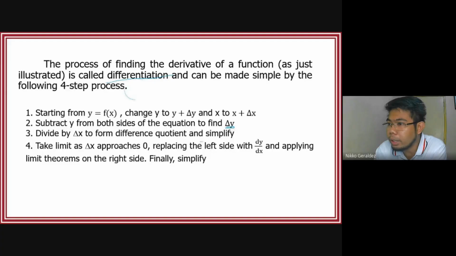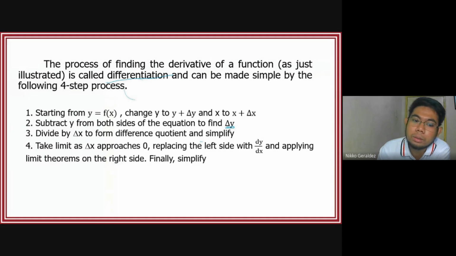Step 2: subtract y from both sides of the equation to find delta y. Step 3: divide by delta x to form the difference quotient, and simplify. Step 4: take the limit as delta x approaches 0, replacing the left side with dy over dx and applying limit theorems on the right side. Finally, simplify. Those are our 4 steps.